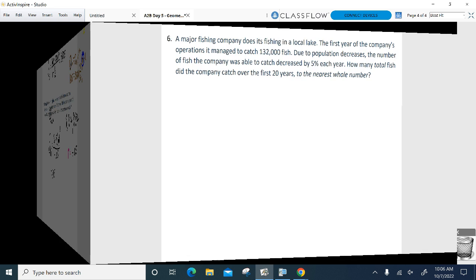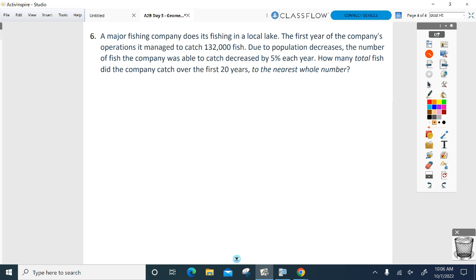Go ahead. About the fishing. If you feel like you need to write out a couple terms, go ahead. Just make sure you know it decreases now by 5%.